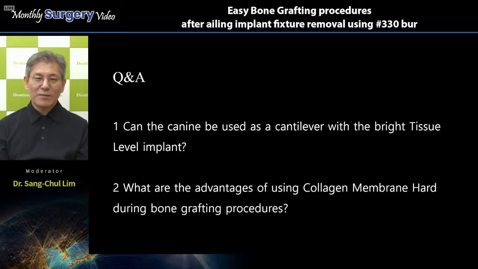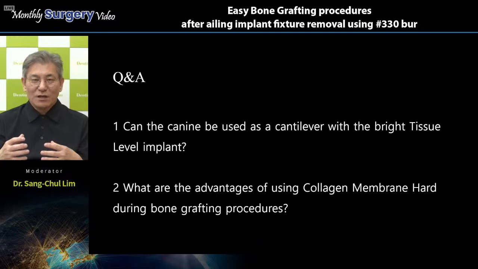Can you remember during the surgery procedure, Dr. Zhang did the first implantation on the number 32 area before removing the ailing neighbor implant fixture, right? Why? Because this area is very important, like the natural dentition's canine portion, right? So he didn't want any bone loosening.